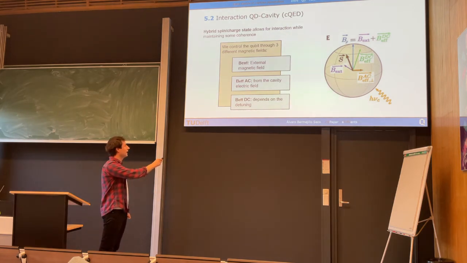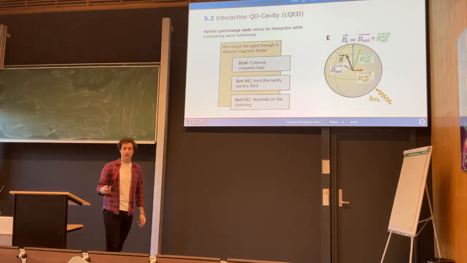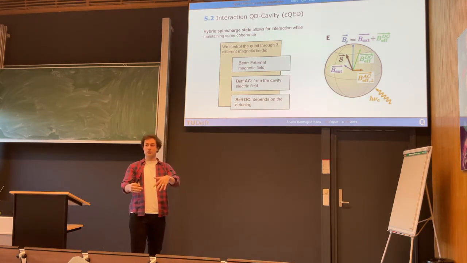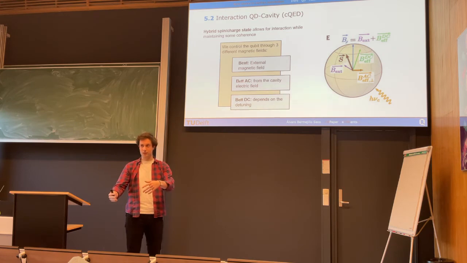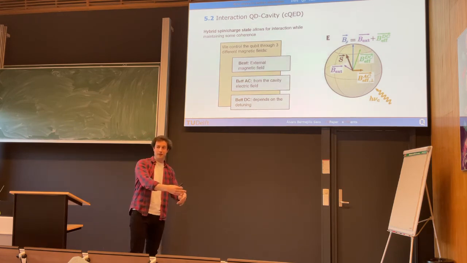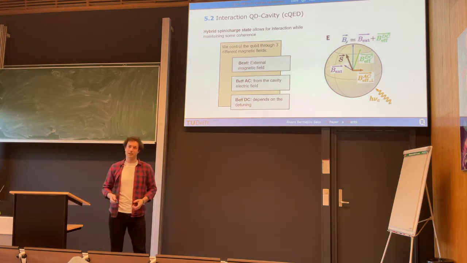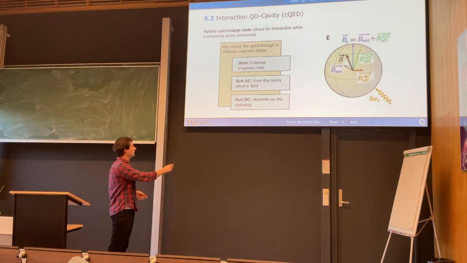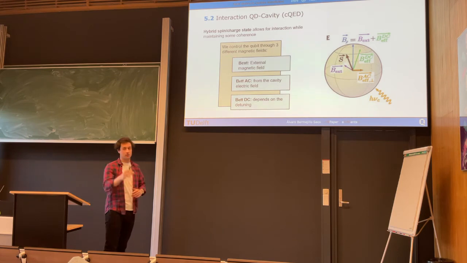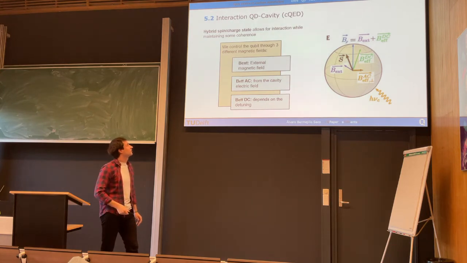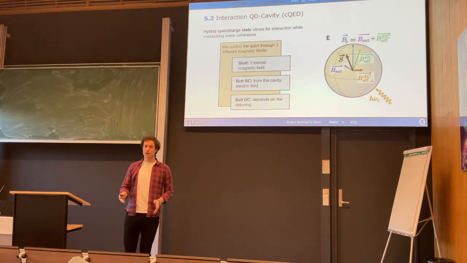Then you have the AC effective magnetic field, which is an electric field that interacts with the charge part of your qubit, which is translated to the spin part, and that gives you an effective AC magnetic field. And then another is a DC magnetic field that has to do with the tuning. So somehow with this interaction with a hybrid spin-charge state, we can drive our qubit.